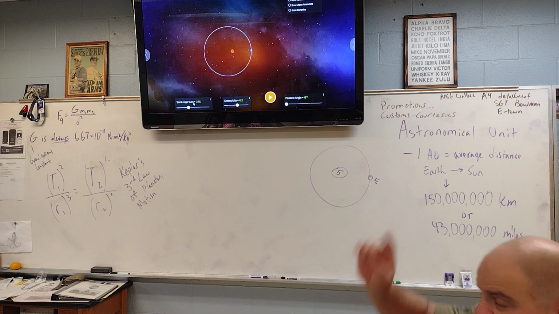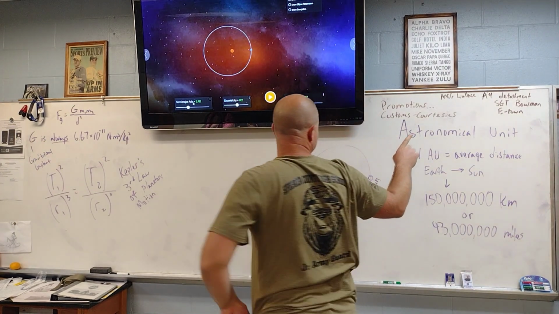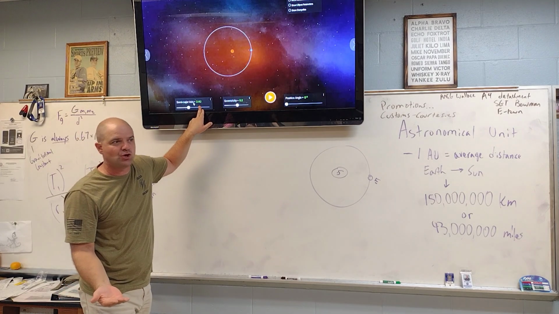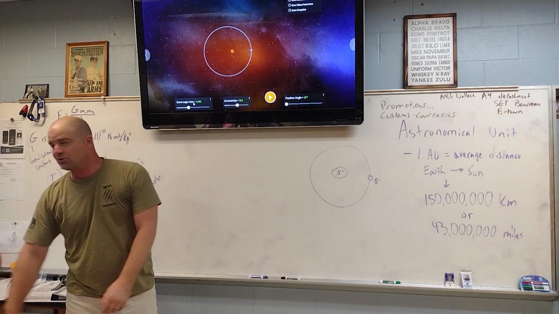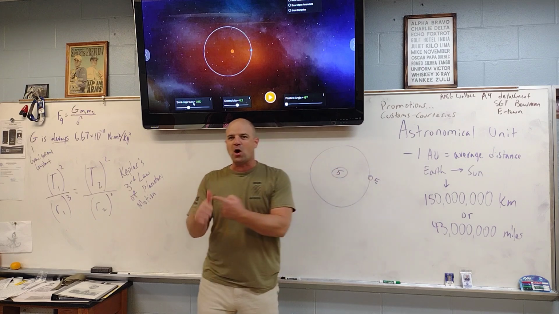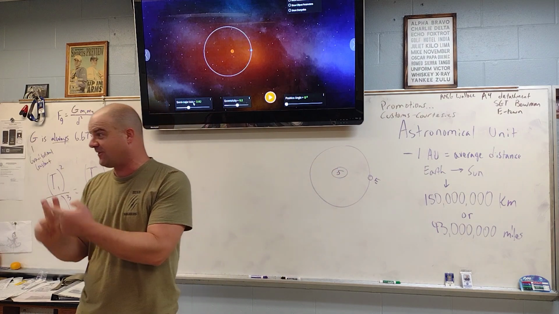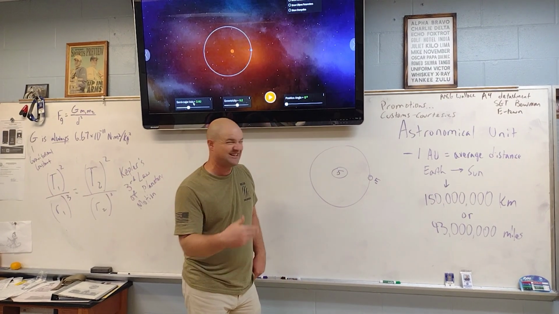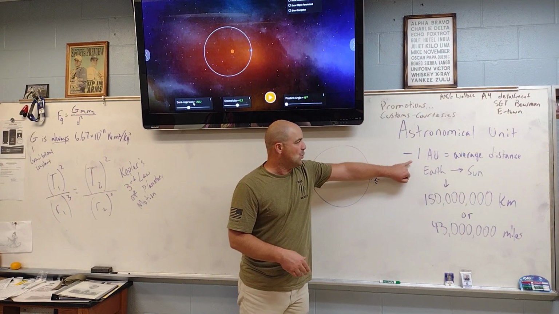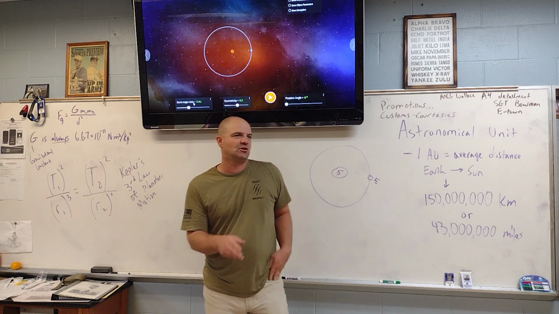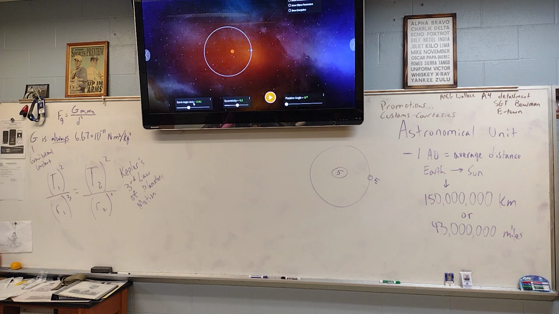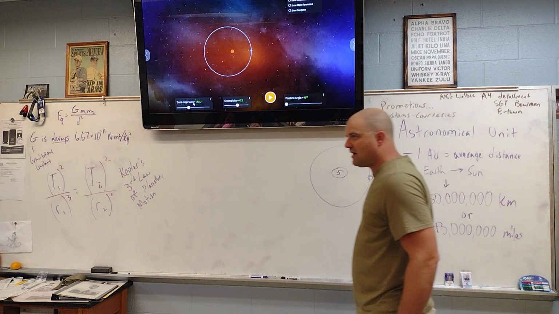So, put this down in your notes: astronomical unit. They've got it here. I think they're just assuming we know what an AU is. If you didn't know, an astronomical unit is a distance measurement. 1 AU is equal to the average Earth to Sun distance, which is about 150 million kilometers, or since we're Americans, 93 million miles.